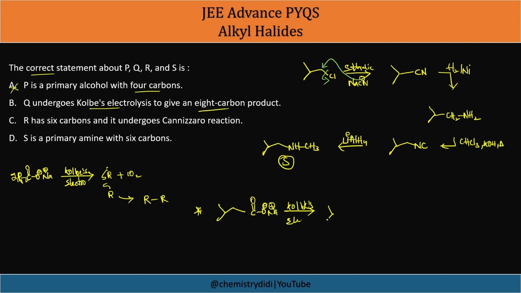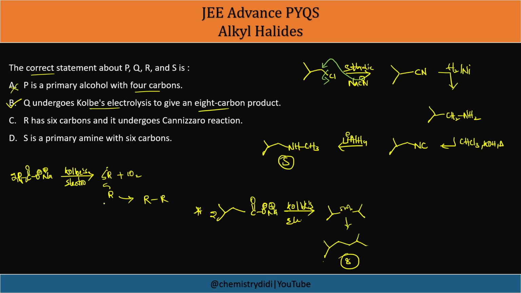So we'll get this type of free radical, generally we'll take 2 moles of this particular substrate, right? So this makes one bond, and it will form one more bond. Here it will be this carbon and here it is this carbon. So how many carbons are there in this product? 1 2 3 4 5 6 7 8. Yeah, 8 carbons were there, right? So that's why option B is the correct answer.